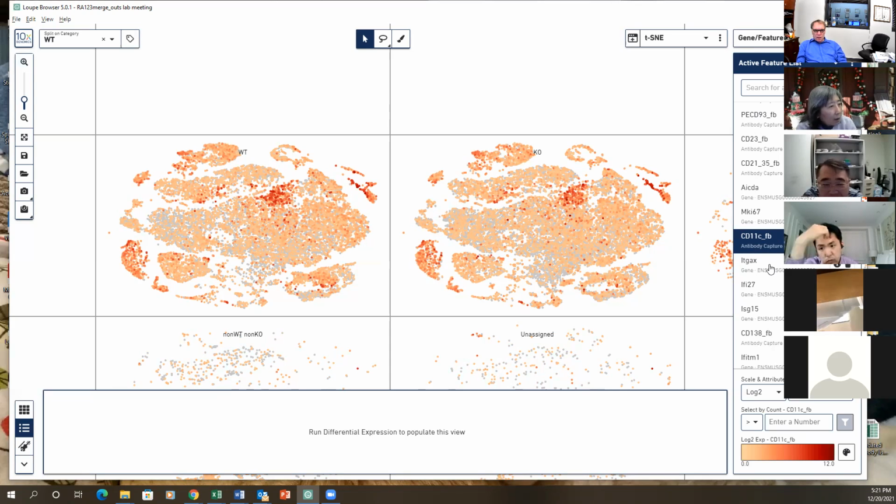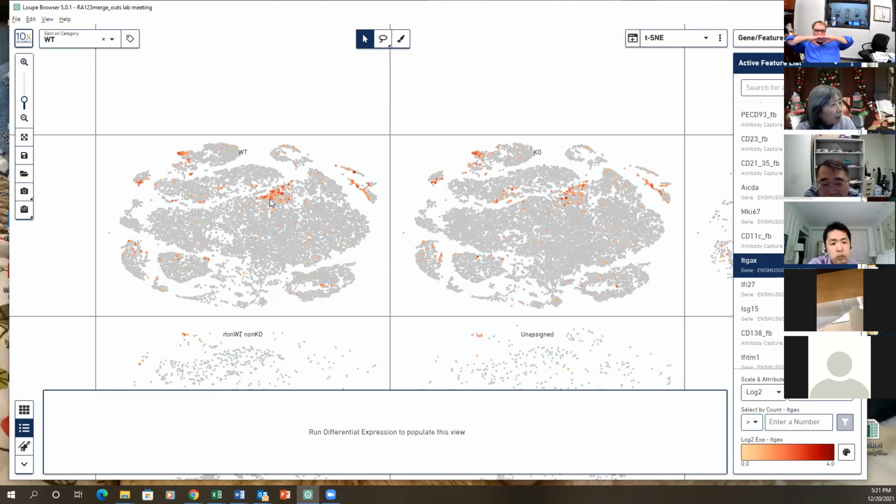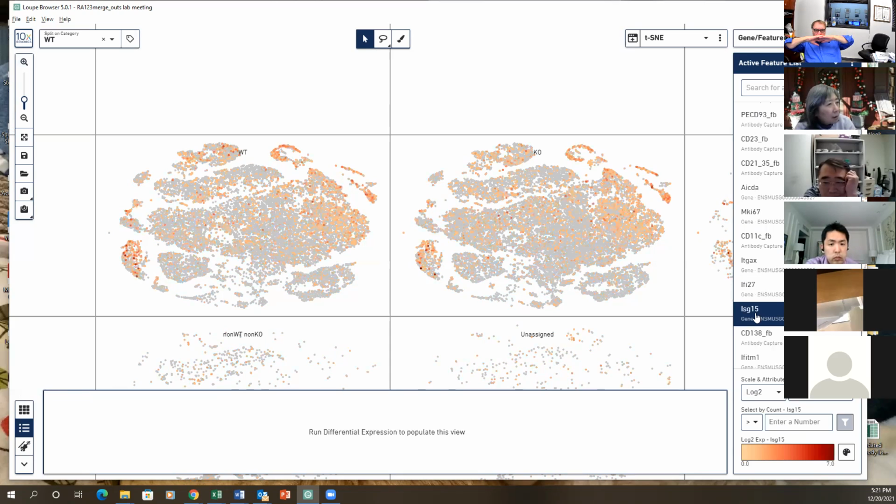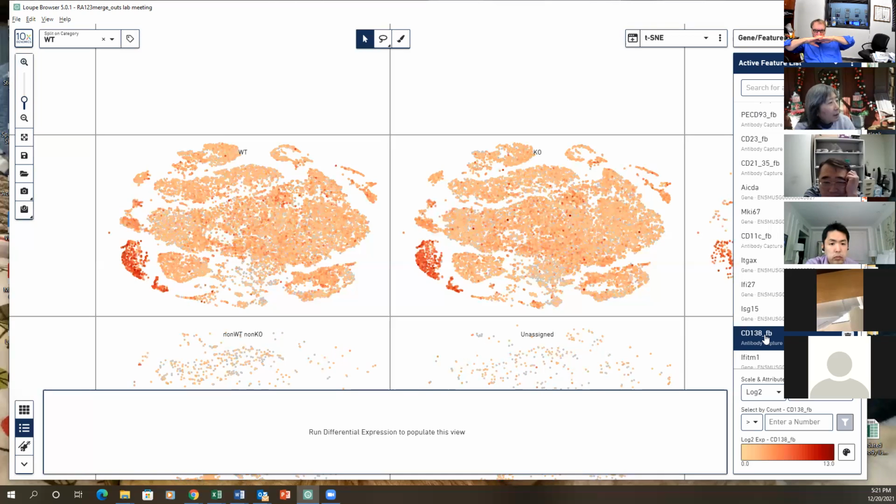This is IGHX. I think the wild type has a little bit more. FI27, so similar. This is ISG. CD138, similar.